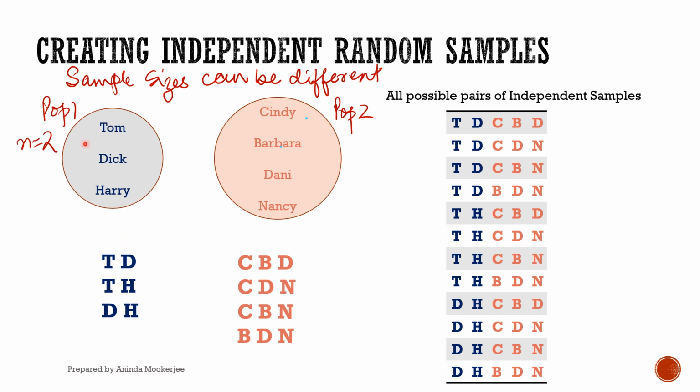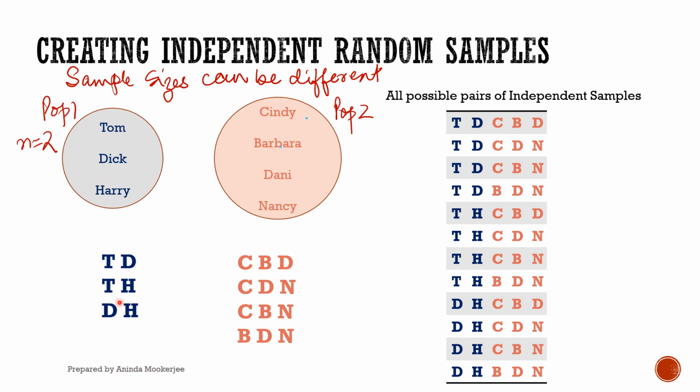So they have created all possible combinations of size 2 from population 1. The first one is Tom and Dick, then Tom and Harry, and then finally Dick and Harry. So these three are the complete set of possible samples of size 2 that can be created from this population: TD, TH, DH.